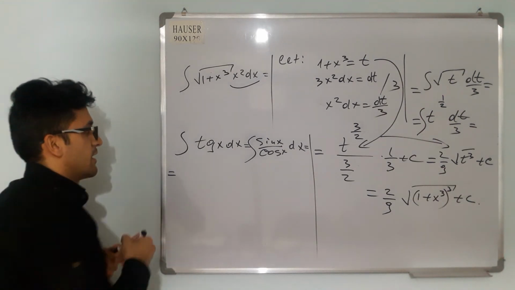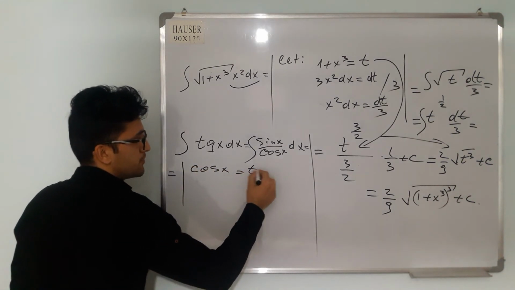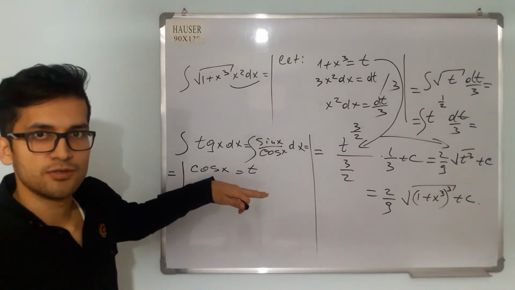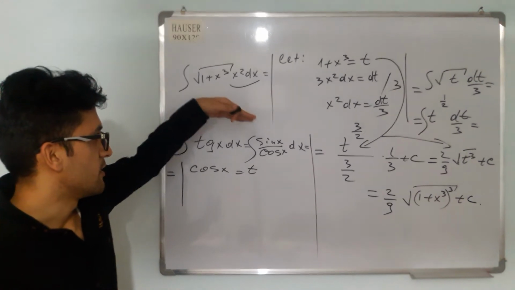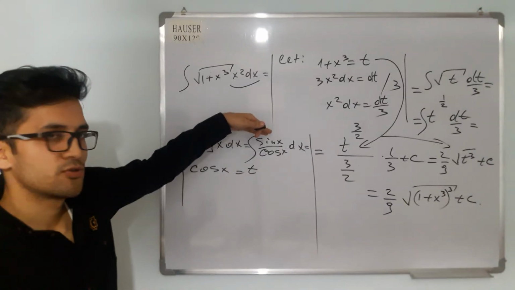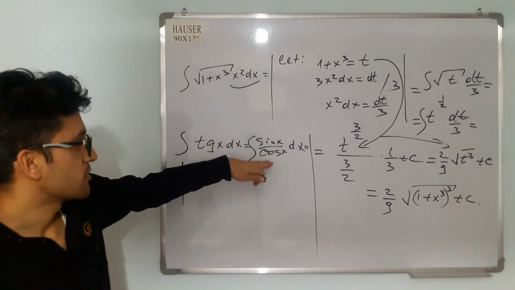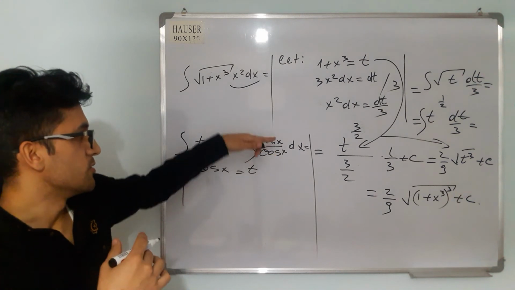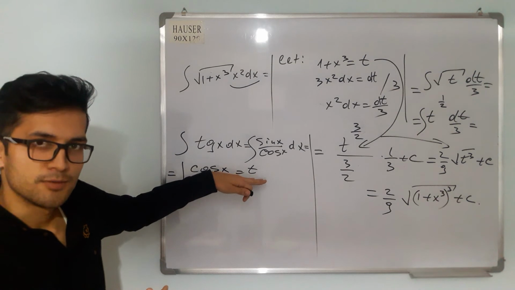Firstly, I can tell that here we may label cosine x as t, because when you take a derivative of cosine, it will be minus sin x. But when you take the derivative of sin x, it will be cosine x. Here cosine is given in the denominator, not in the numerator, so we shall label cos x as t.